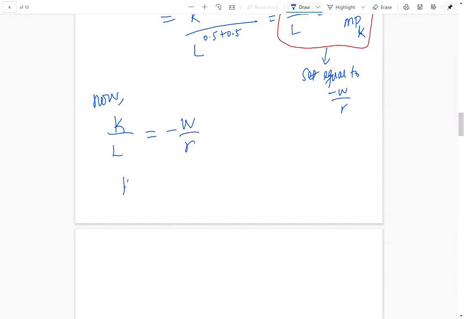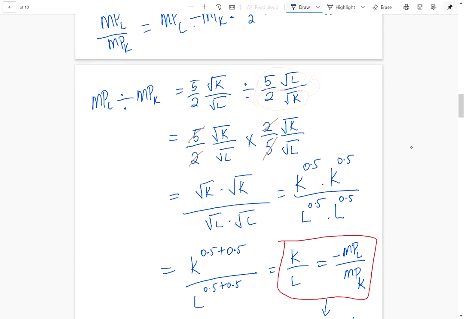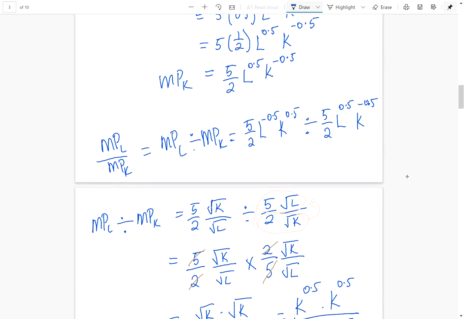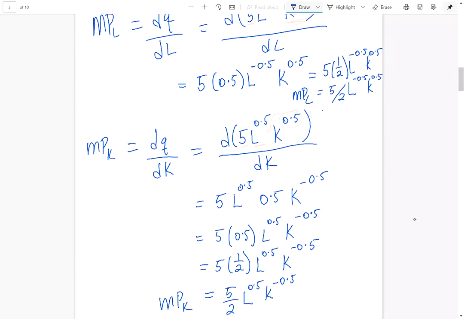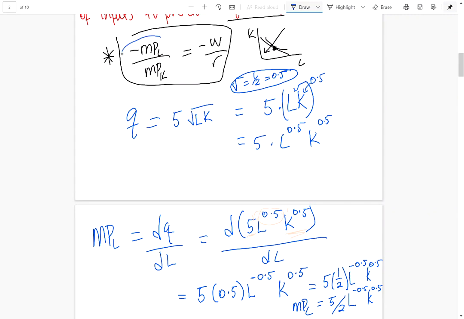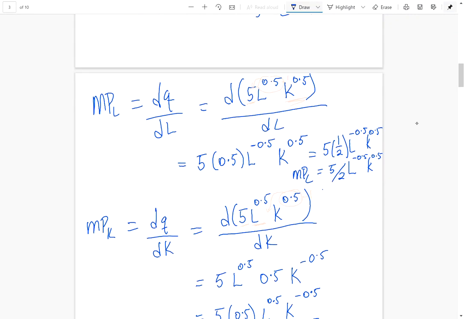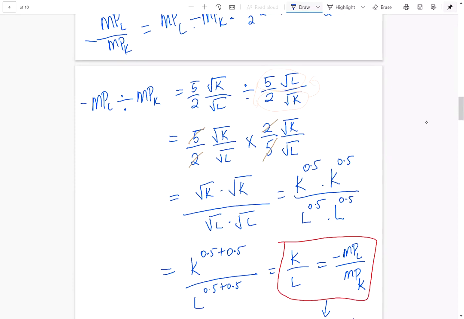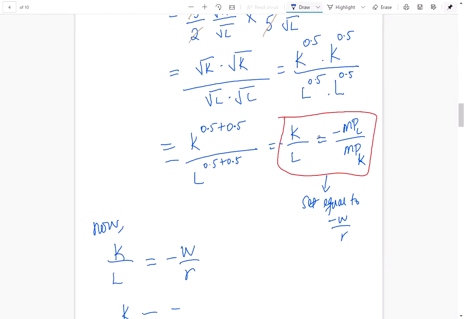So we have that K over L is equal to negative, did we drop a negative somewhere? We did. This is all negative, right? The slope here of isoquant is negative MPL over MPK. So there should be a negative sign all the way through.